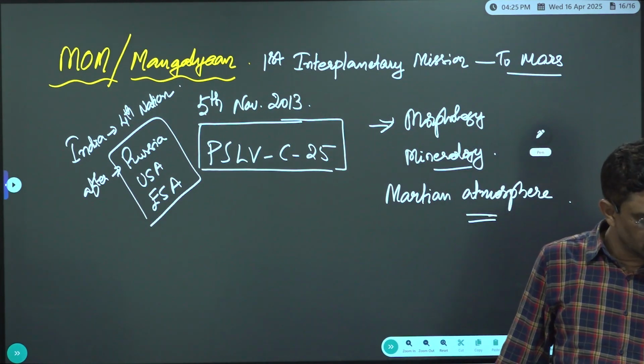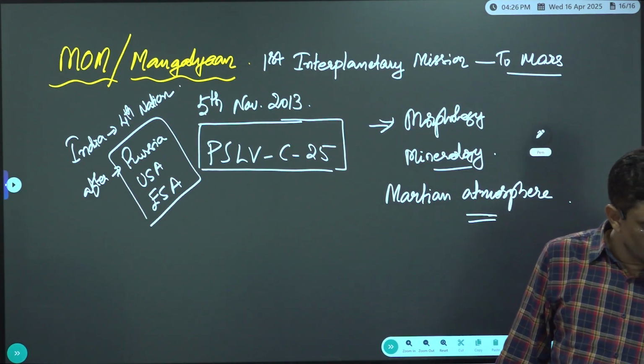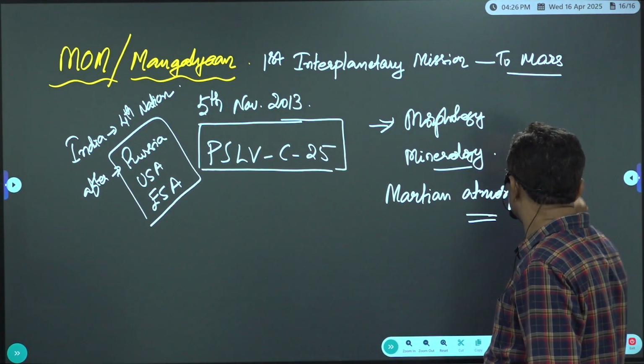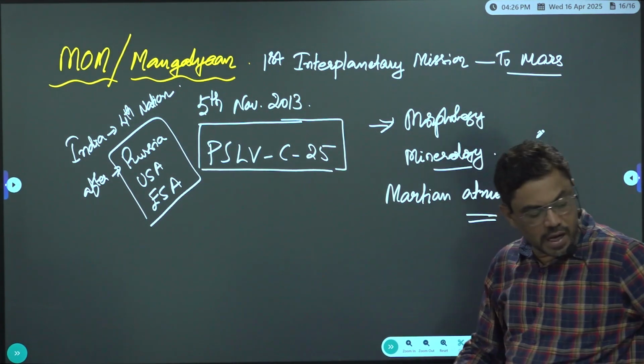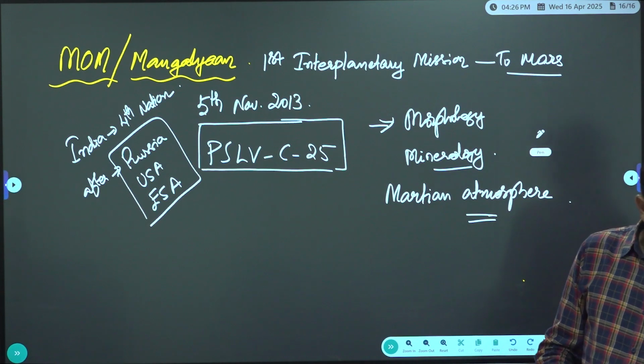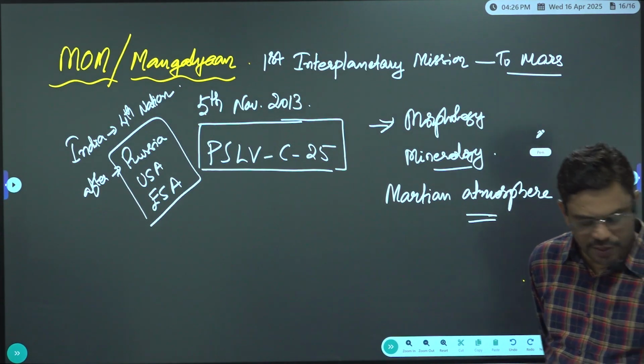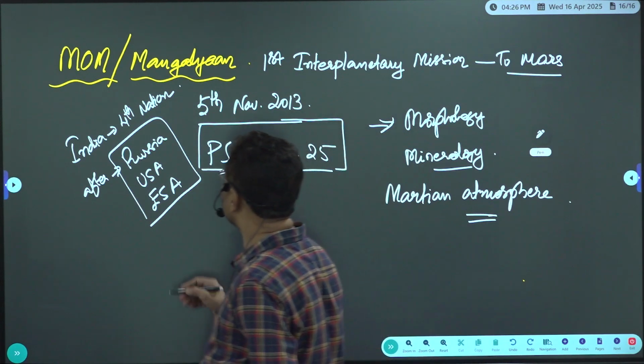Next, AstroSat. First multi-wavelength space observatory.